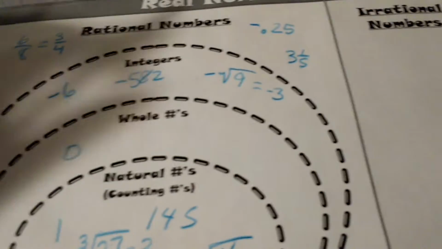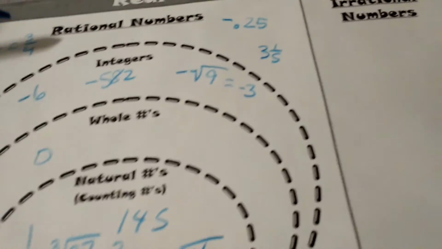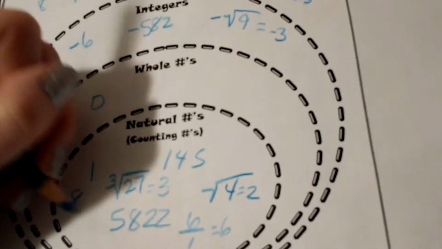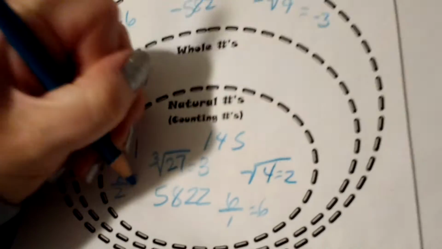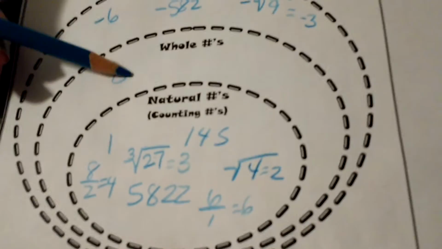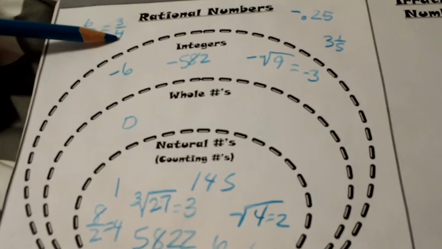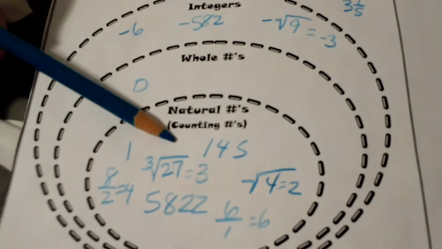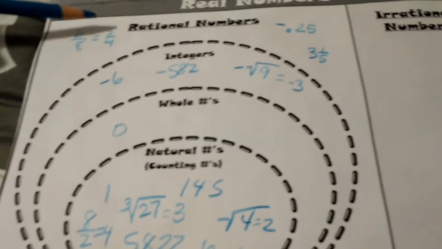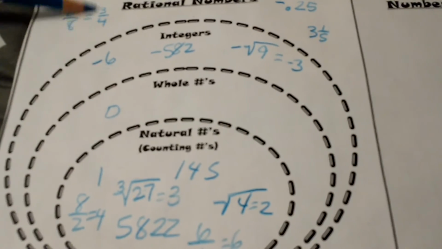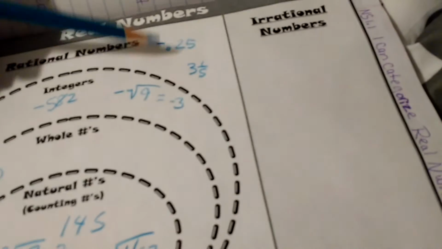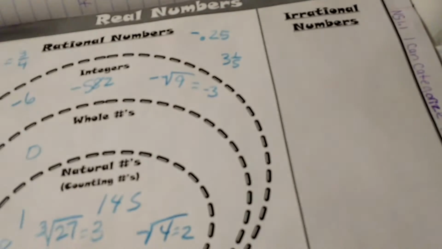And again, you'd want to fully simplify the fractions because they could end up being something like 8/2, which actually is equal to 4, and that's a natural number, a whole number, an integer, and a rational number. So 8/2 ends up being 4, which actually is all of these things, but 6/8 simplifies to 3/4, which is just a fraction, which would be considered only rational. Any decimals would be considered only rational.